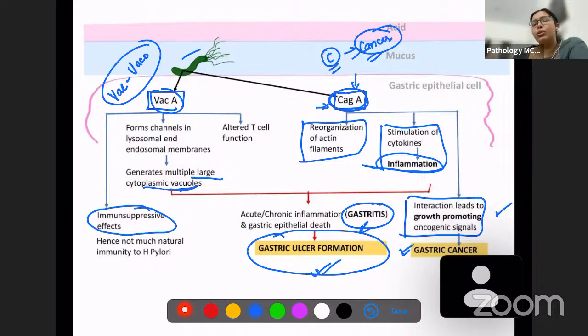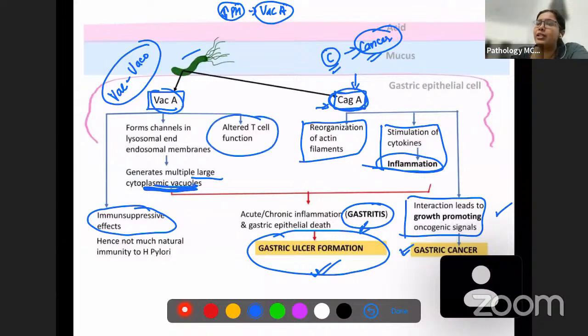See, H. pylori is very notorious. It is going to increase the pH so it can survive by producing urease. Then it is going to produce VacA. What is VacA doing? It is going to produce these cytoplasmic vacuoles and alter the T cell functions, which are natural immunity for us. So it suppresses immunity so that nobody comes and disturbs H. pylori. Sometimes even with tumor cells, we know there is tumor immunity also.